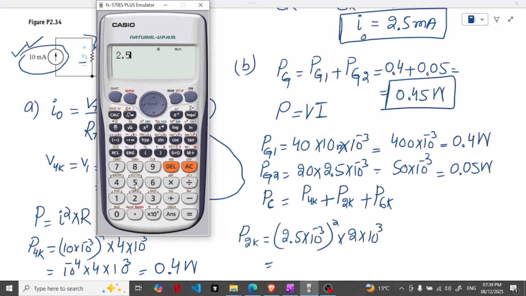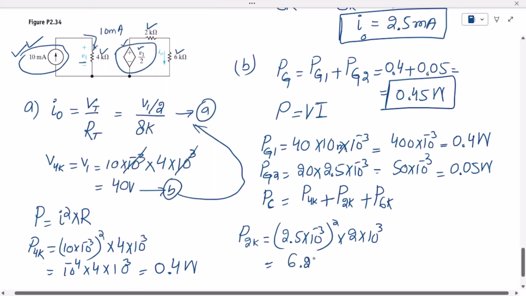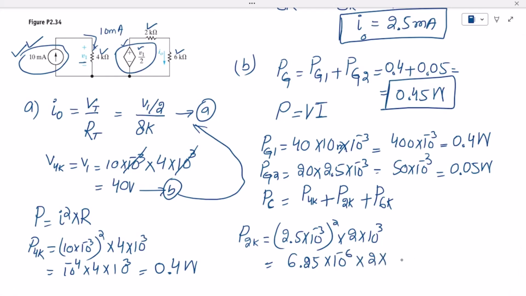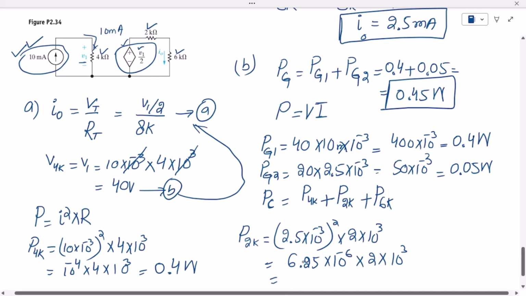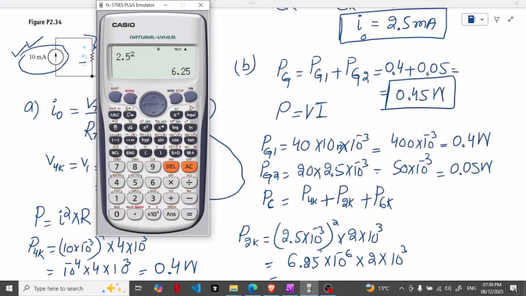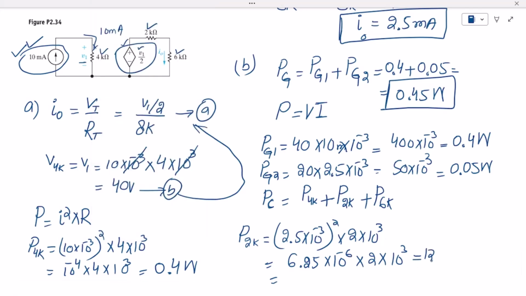So 2.5 square, this is 6.25 into 10 to the power minus 6 into 2 into 10 to the power 3. Okay. So multiplying it, 6.25 multiplied by 2 is 12.5 into 10 to the power minus 3.